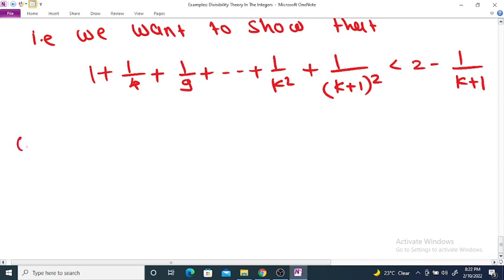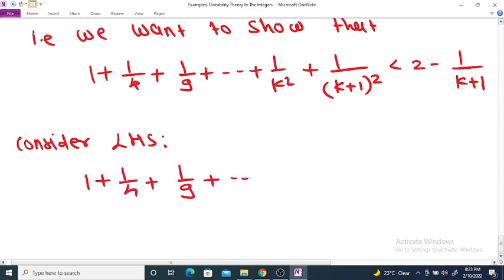So now consider the LHS, left hand side. So it is 1 plus 1 by 4 plus 1 by 9 plus 1 by k square plus 1 divided by (k plus 1) bracket square.